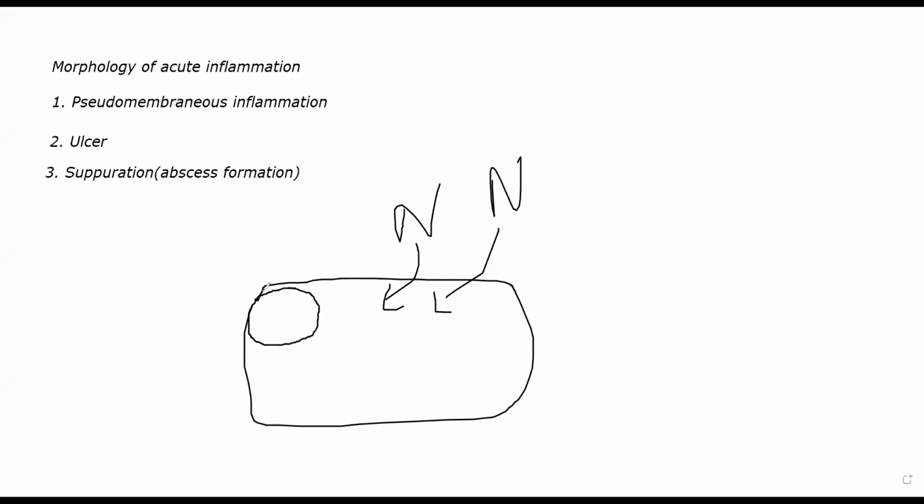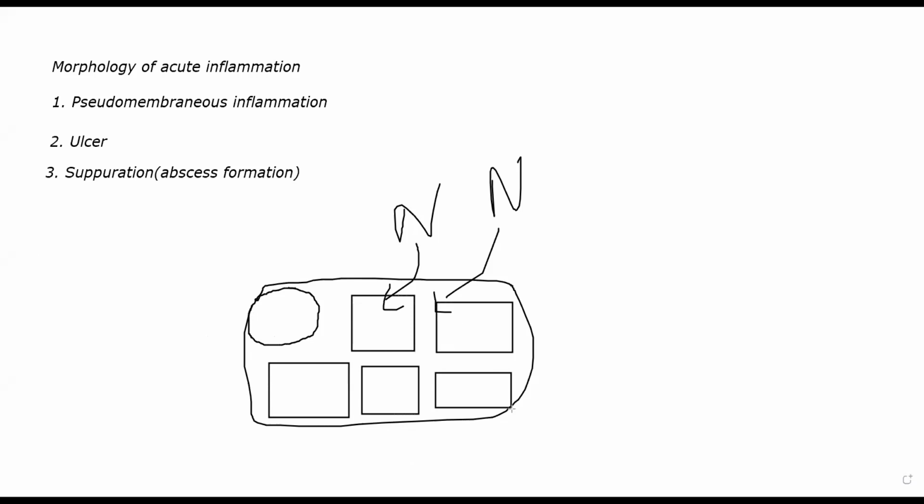Imagine there is a big tissue like this, and here there were many cells. Imagine this is one cell, this is another cell, and so on, as a part of the tissue. This is only an example. Now in one of these cells, a bacteria came and invaded.